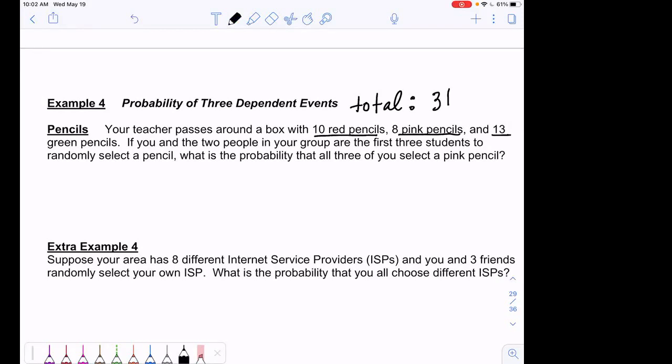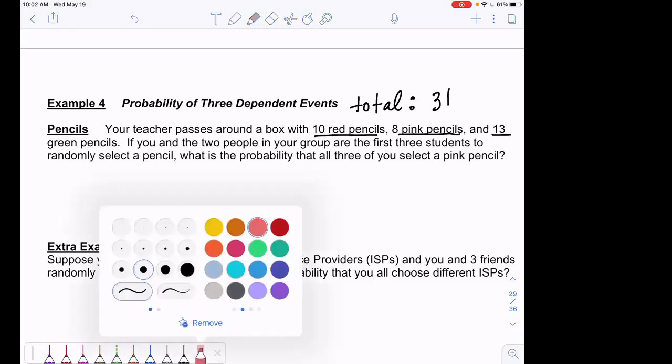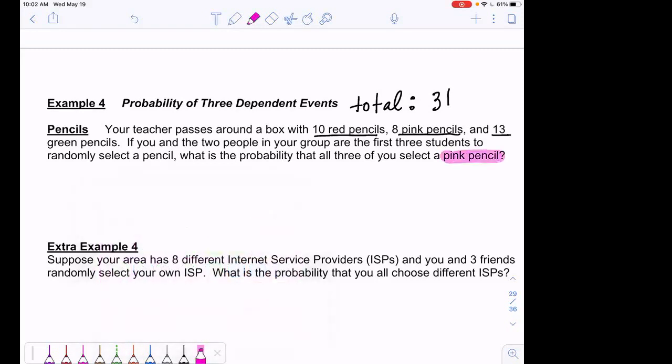If you and 2 people in your group are the first 3 students to select a pencil, what's the probability that all 3 of you select a pink pencil? So let's make this a nice pink here. This looks like a nice pink. So we're looking at a pink pencil.